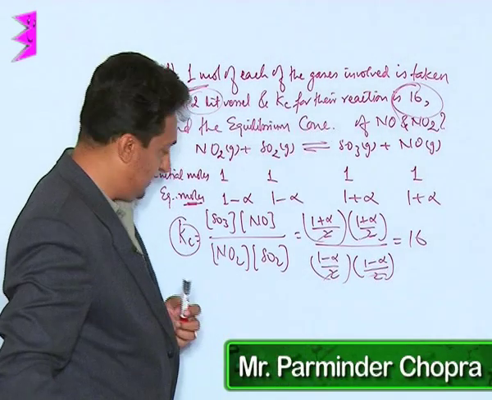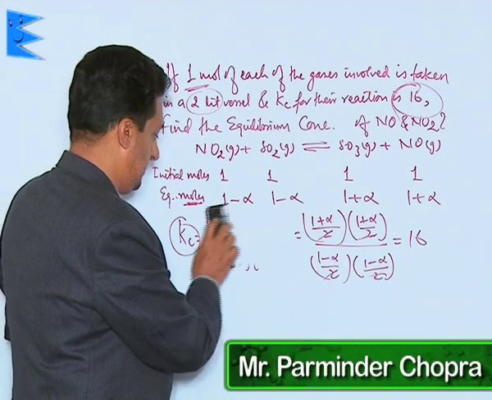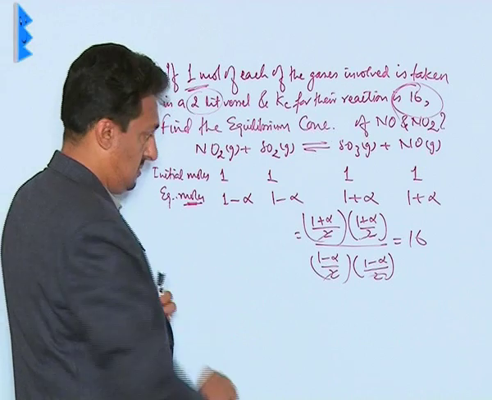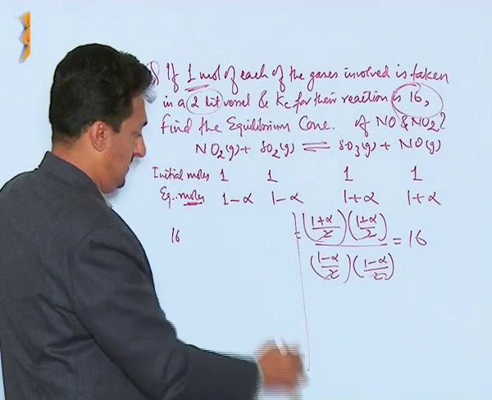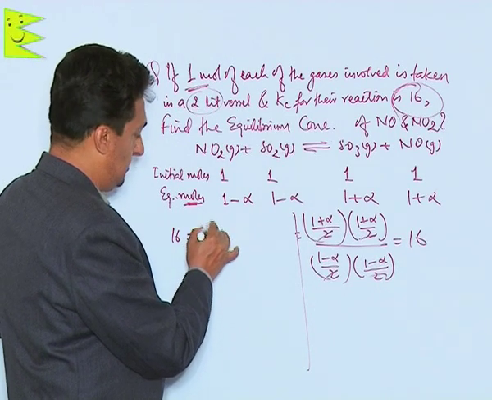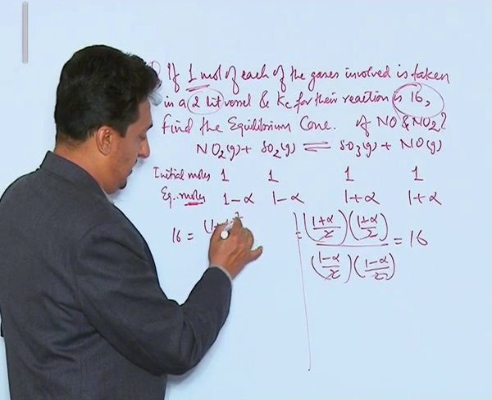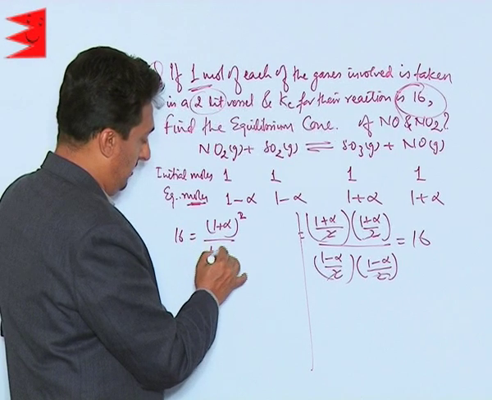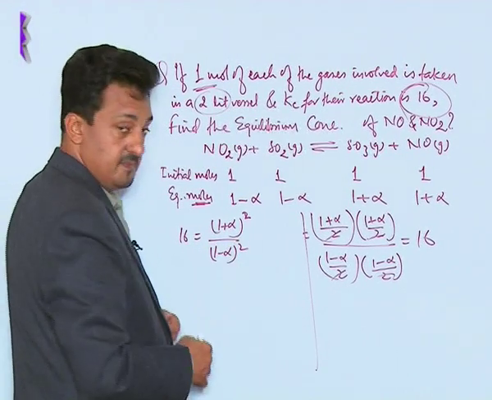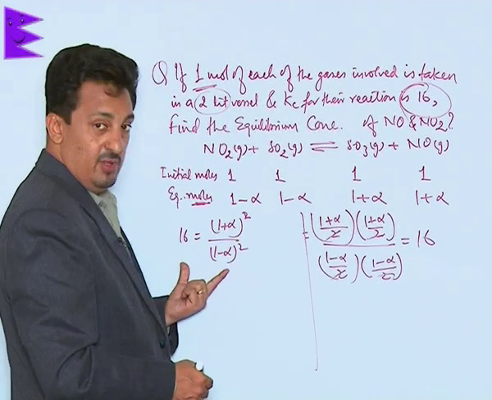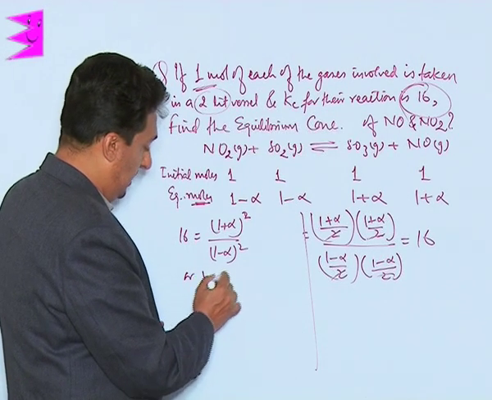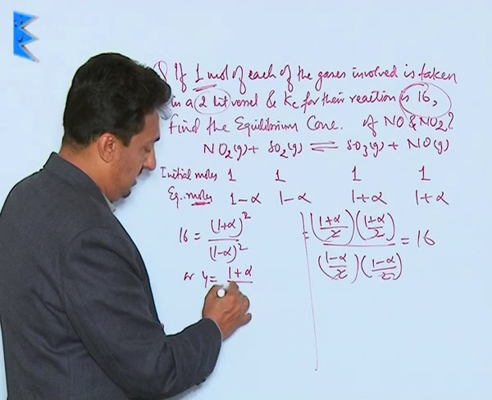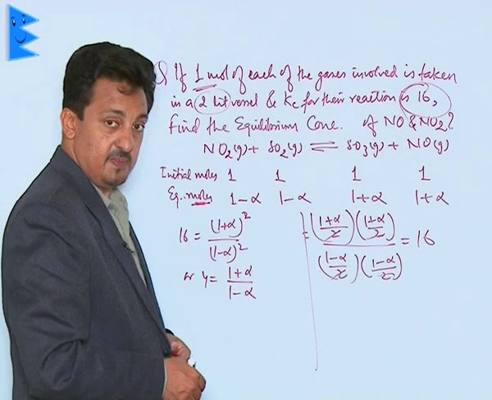So we can write this 16 as equal to 1 plus alpha whole square upon 1 minus alpha whole square. Now we can take the square root of both the sides. This is going to give us 4 equal to 1 plus alpha upon 1 minus alpha.